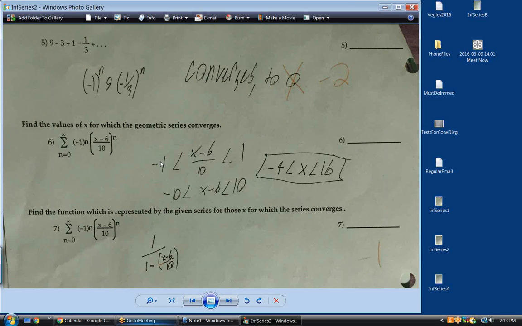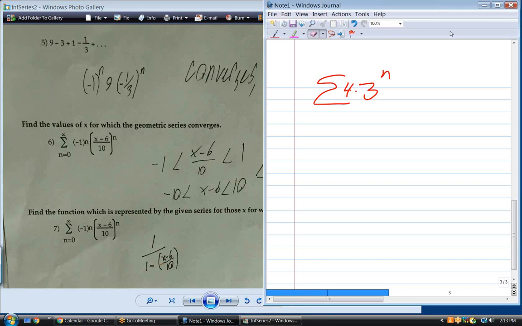You lost 2 points here because you didn't have what it converged to, which you actually had the sum correct. In other words, the sum was minus 1 to the nth. That makes it alternating. But then A is 9, and R is minus 1/3.